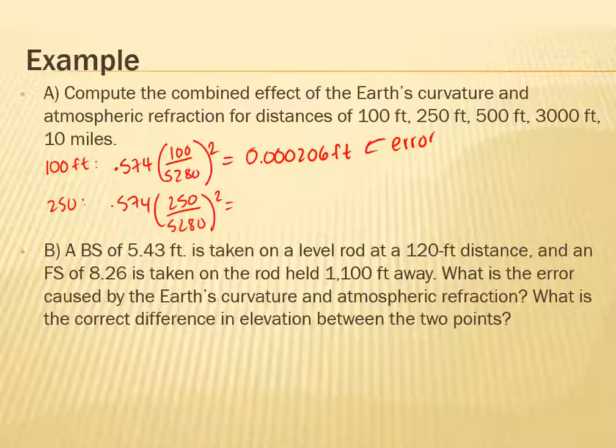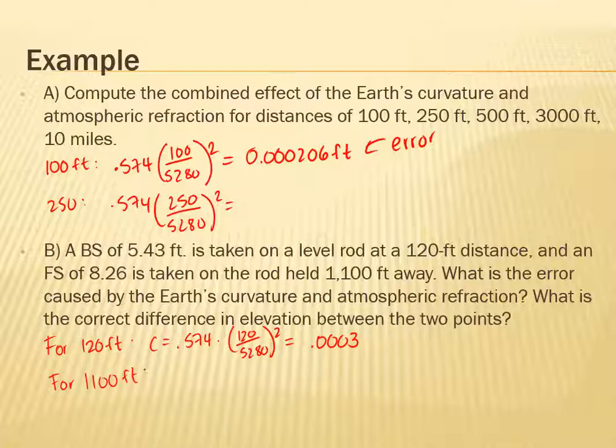So for 120 feet, we have this correction, which is C is equal to 0.574 times 120 over 5280 squared, which is equal to 0.0003. For the 1,100 feet, this is C is equal to 0.574 times 1,100 over 5280 squared.